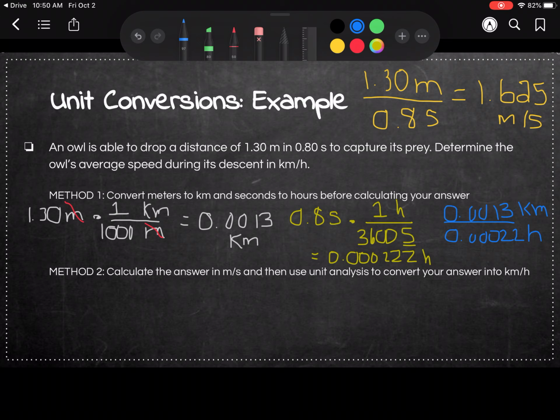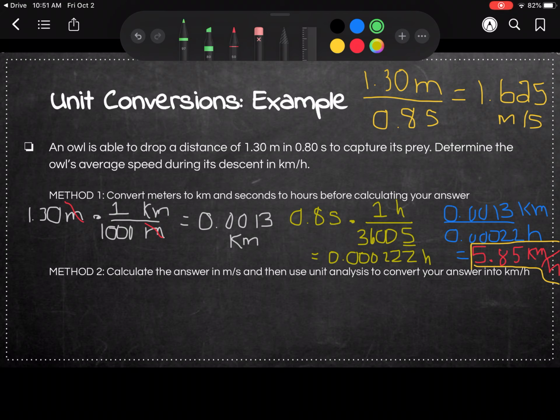And when you do that out, you get 5.85 kilometers an hour. Okay, 5.85, that's what we get for our answer. So that is your one way of doing it.